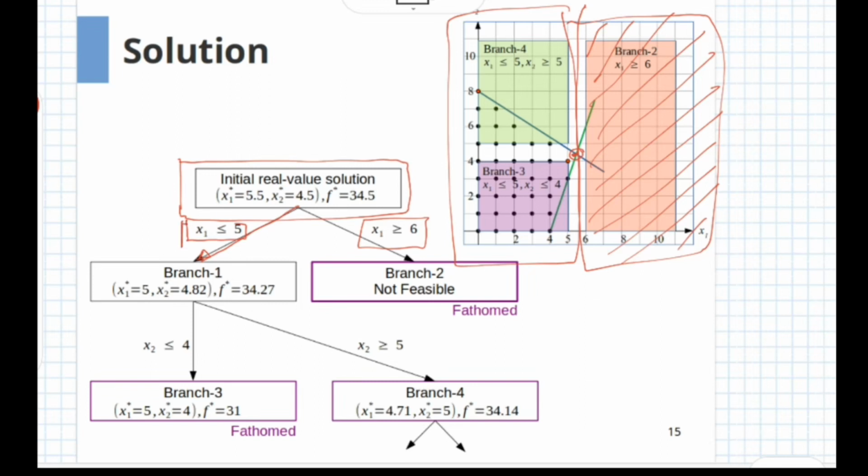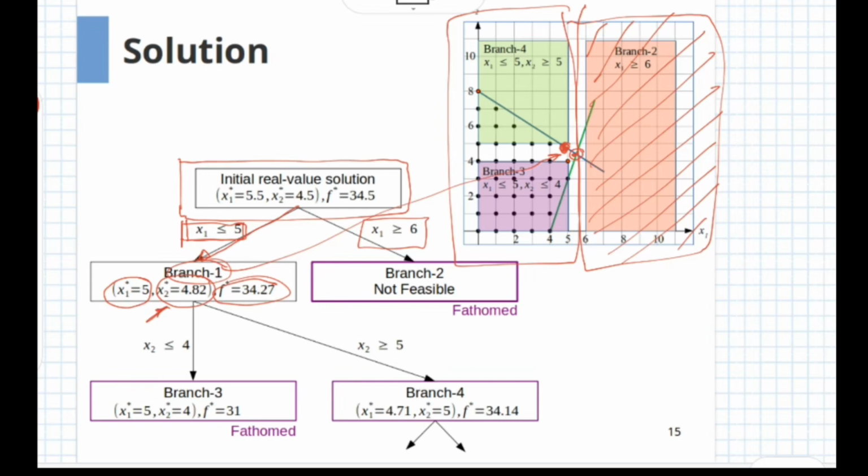The only valid zone is x1 less than or equal to 5, which has got a solution corresponding to x1 equal to 5 and x2 equal to 4.82. The point is somewhere here. So this is the solution point for branch number 1. And since it is a non-integer solution, the x2 variable is still a real number, we need to branch further.